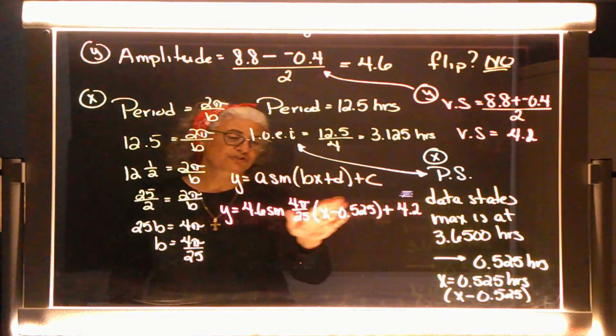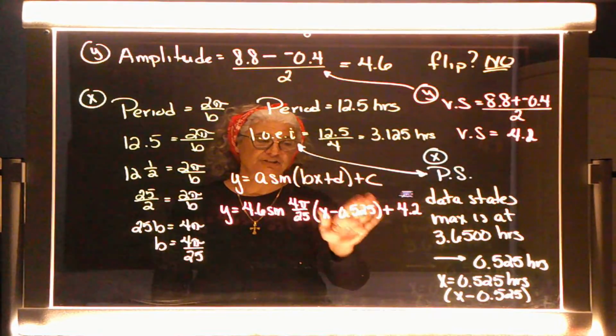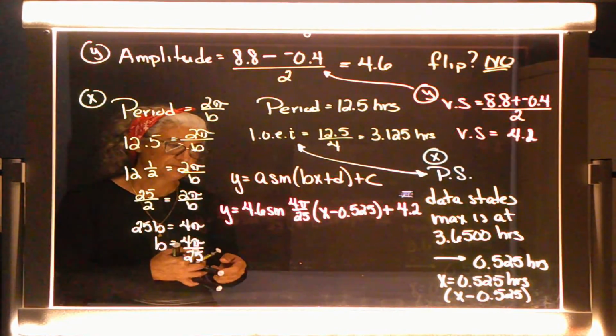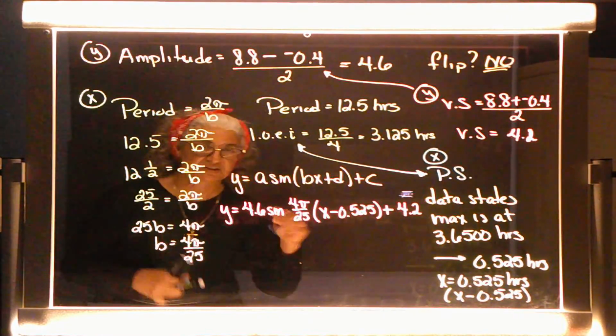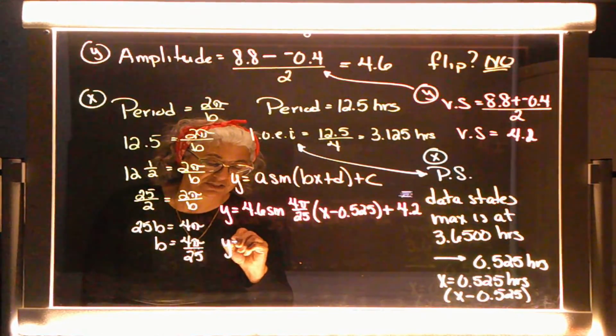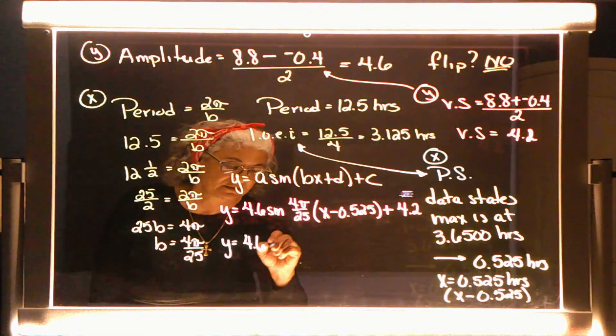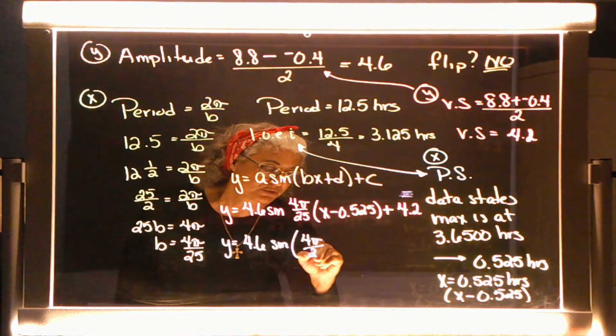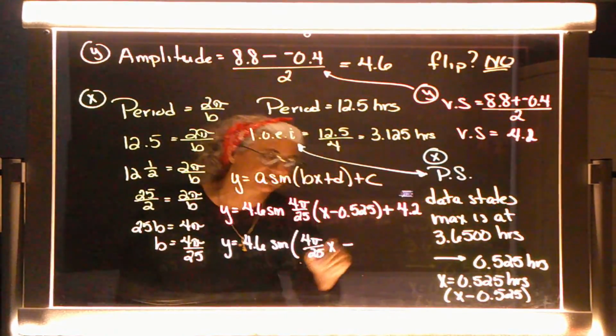And now you have to distribute this fraction into that parenthesis. Now, I know it's going to be a combination of fractions and decimals in the parenthesis. So I have 4 pi over 25 times x minus.